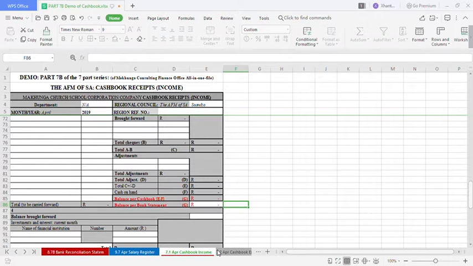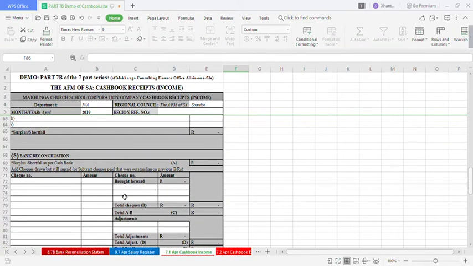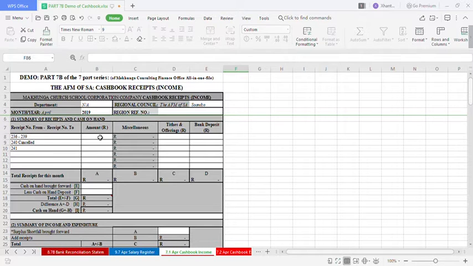Right, let us go to the cashbook and start completing it.